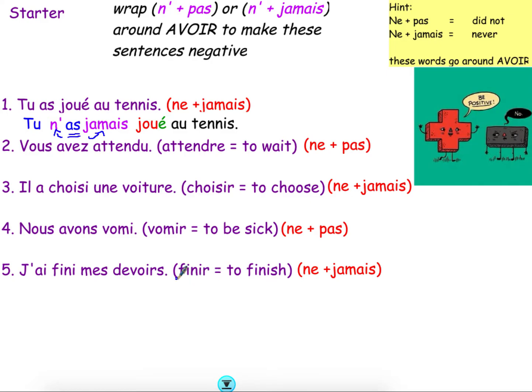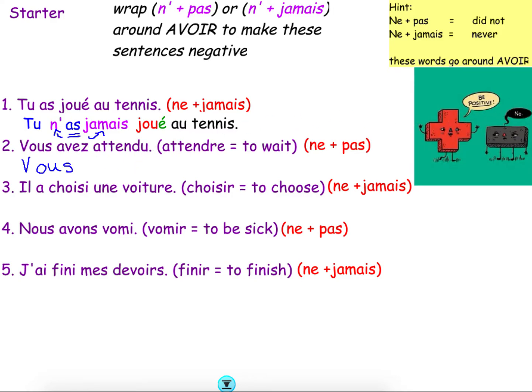Okay, so let's go over the answers. Vous avez attendu. Attendre means to wait, and vous is talking about you, plural. So if you're speaking to more than one person, you would use vous, okay? Vous avez attendu. You waited. This wants to go into the negative, ne and pas, so we're going to make this into you did not wait. Okay, we still start with vous, we still start with the person.